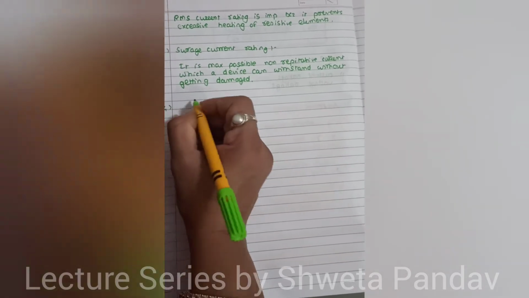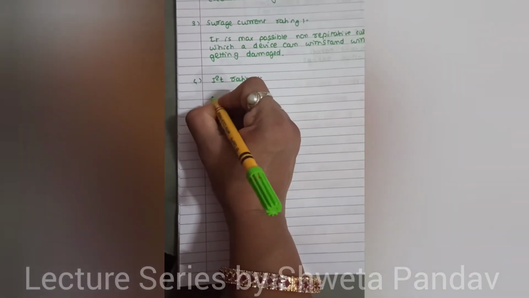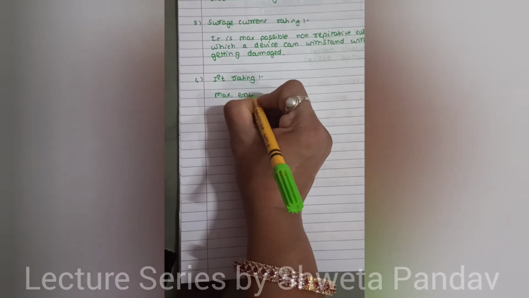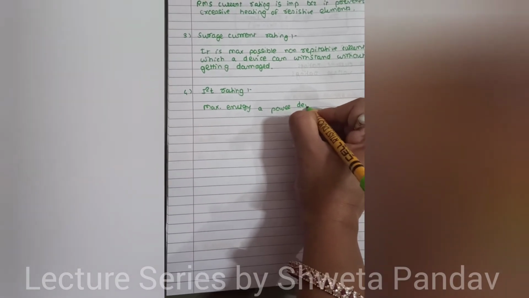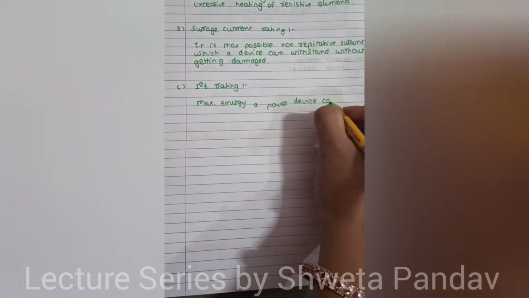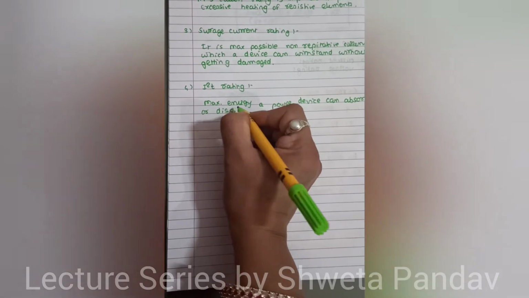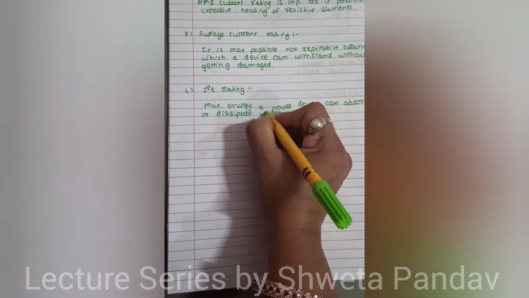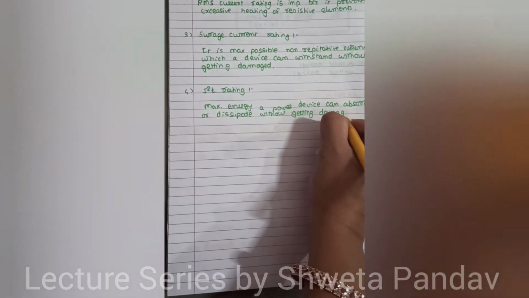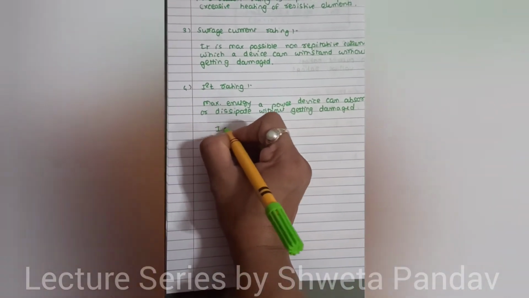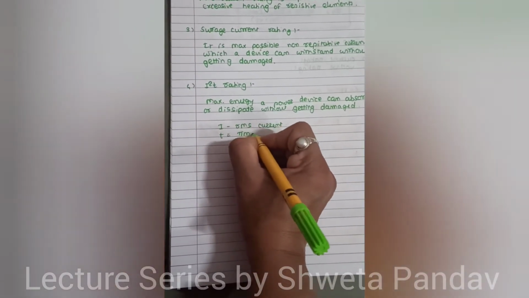Next is the I squared t rating. It is the maximum energy a power device can absorb or dissipate without getting damaged, where I is the RMS current and t is the time interval.